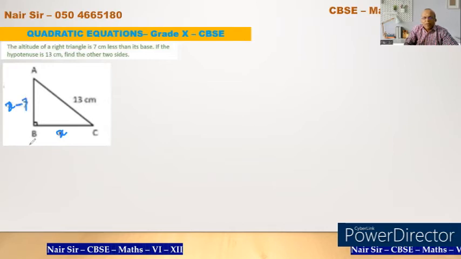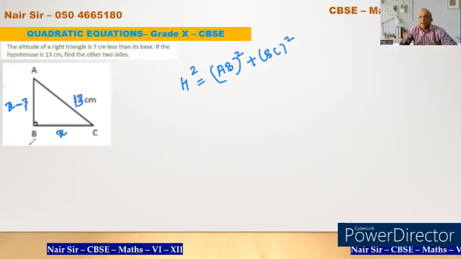And the hypotenuse is 13. Do you remember the Pythagoras theorem? Hypotenuse square is equal to AB square plus BC square. Just substitute. You will get a quadratic equation, and after getting it, you know how to solve it.